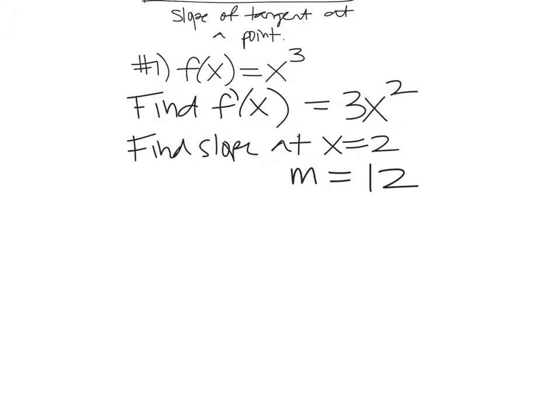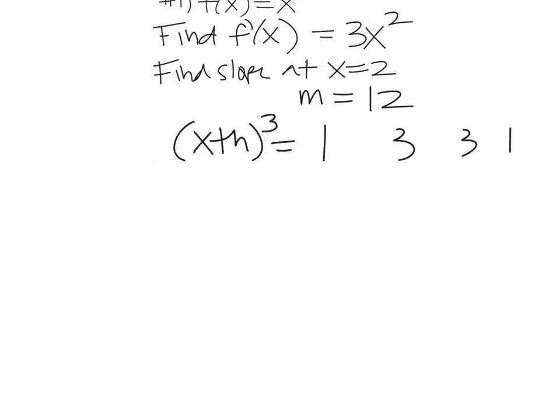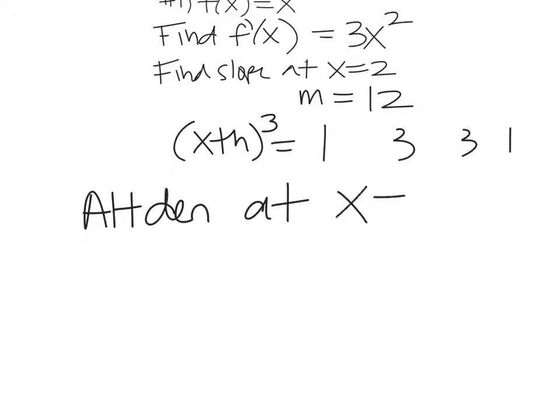Oh, okay. All right, now, nobody really wants to take x plus h and cube it, right? That's pretty bad. No, I mean, you can. It's pretty easy, though, if you knew the binomial expansion theorem to go 1, 3, 3, 1, and do the whole thing. But there's actually an alternate definition of a derivative at a point. Okay, so here it is. You have to know this. So the alternate definition at x equals a.